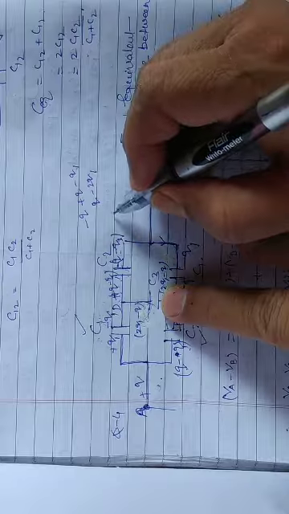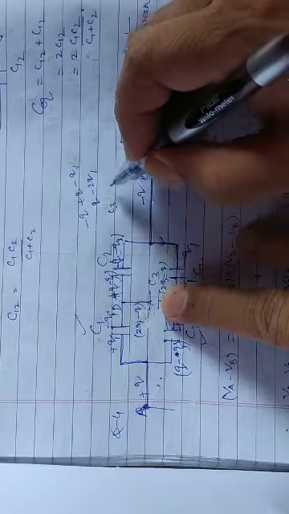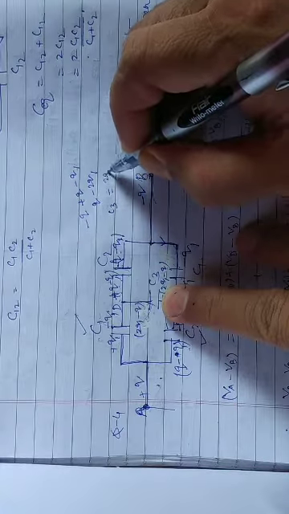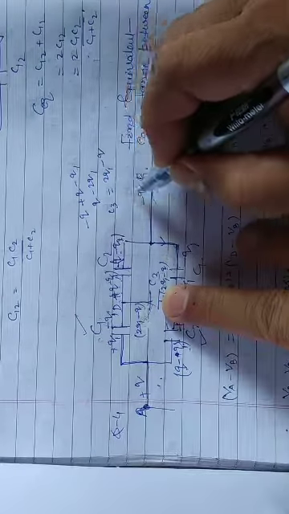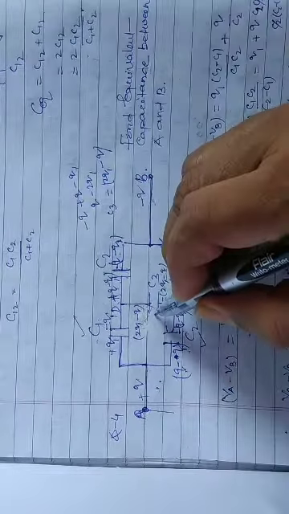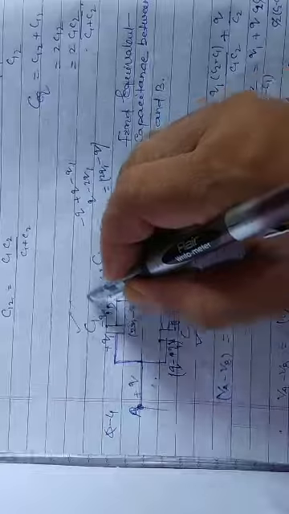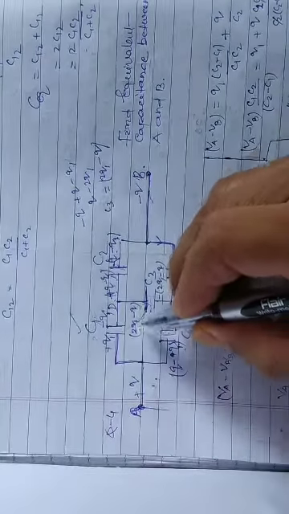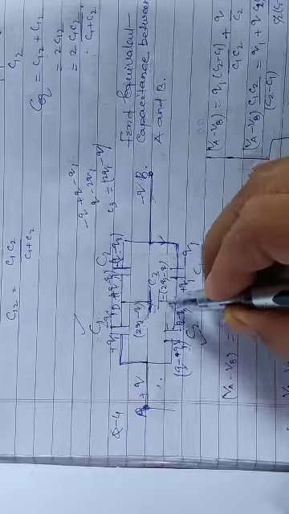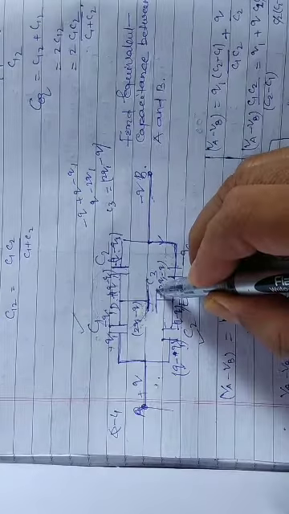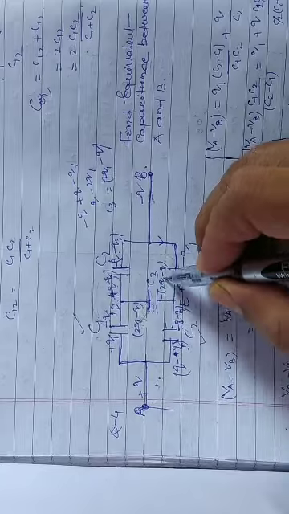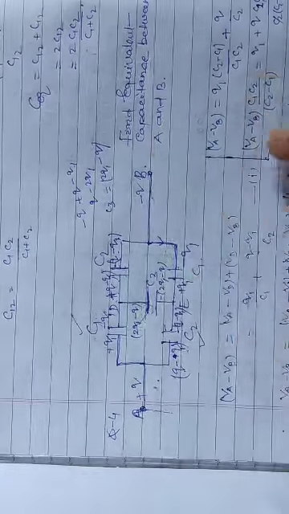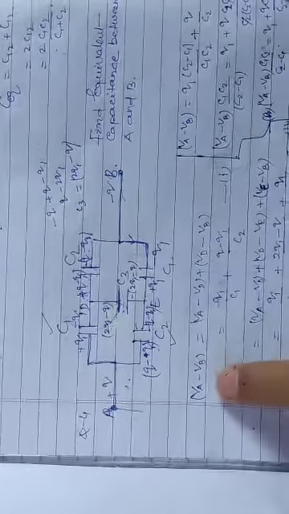So the plate of C3 must contain 2Q1 minus Q charge, so that the net charge in this isolated system becomes 0. So the charge on this plate will be 2Q1 minus Q, and here it is 2Q1 minus Q with a negative sign. So this is how the charge distribution will be made.